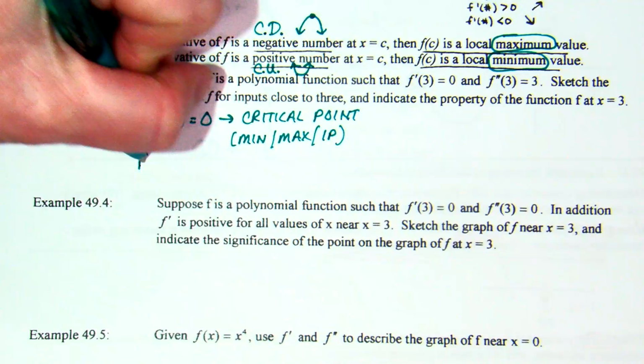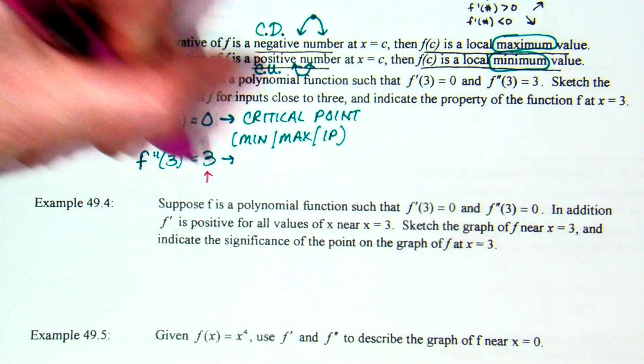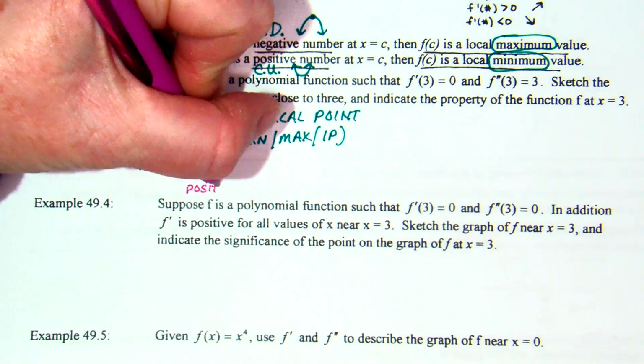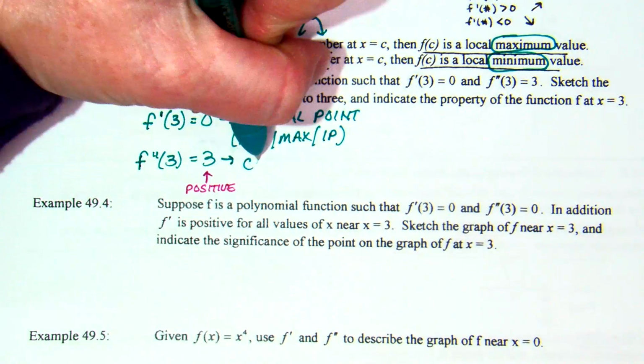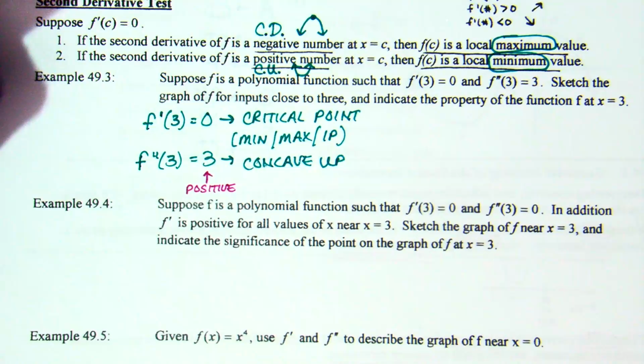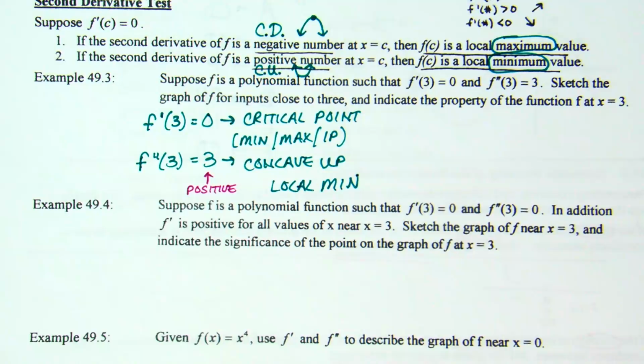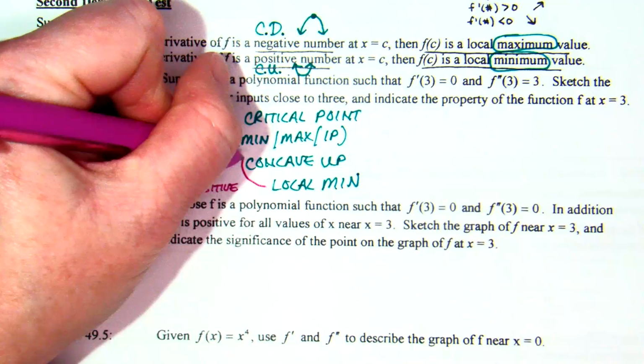The second derivative at that value, well, what do we know about this 3 that it equals here? 3 is positive. Since that 3 is positive, that's going to indicate concave up. If a graph is concave up, think parabola facing up, which does mean local what? Local min. That takes you right back here where we know it's a minimum.